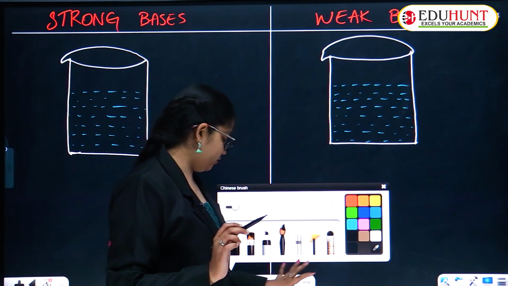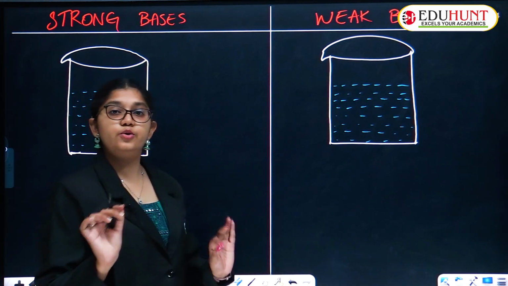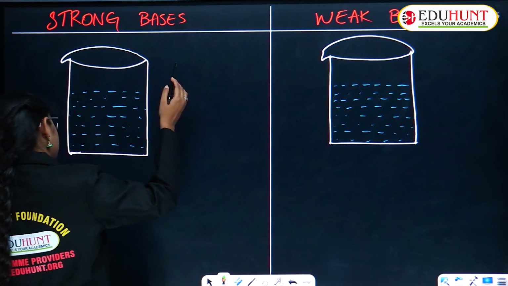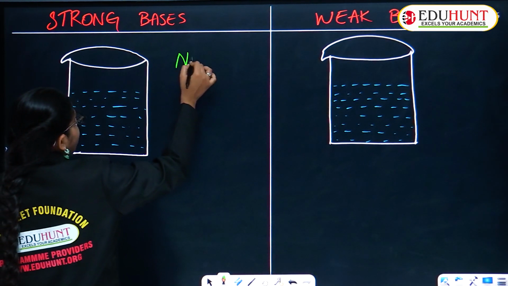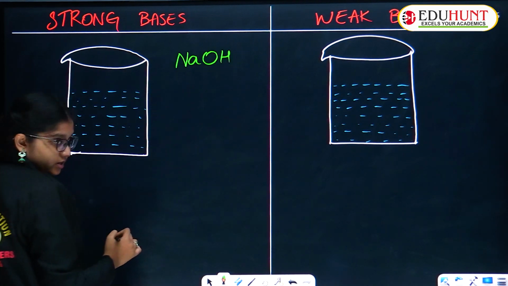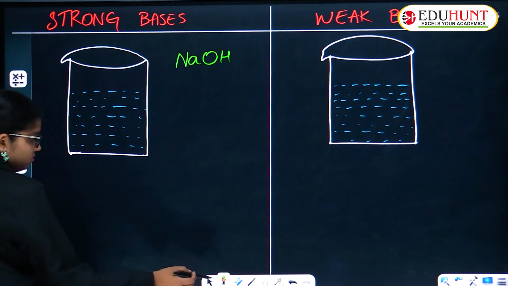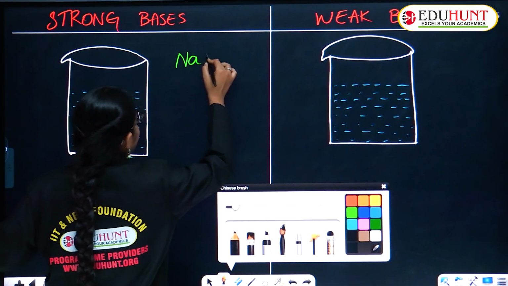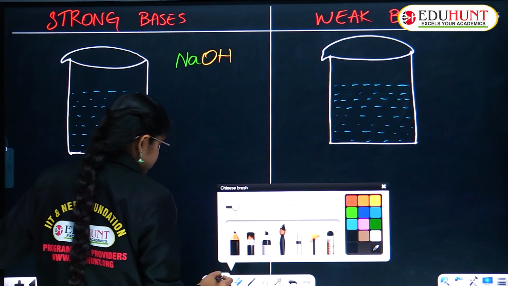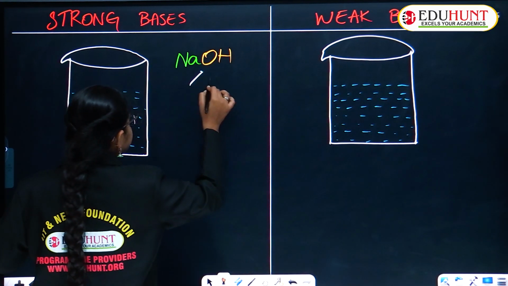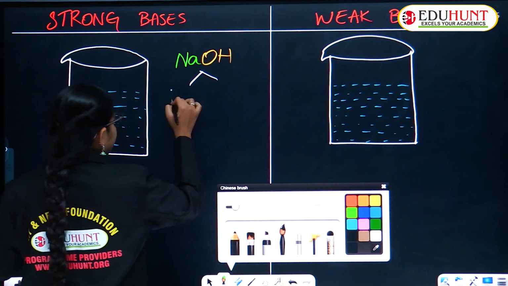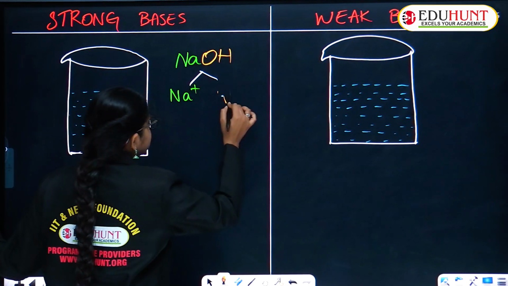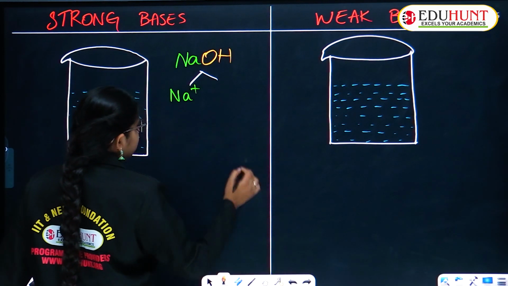If I add any base such as NaOH, it dissociates into two: Na plus, the sodium ion, and OH minus, the hydroxyl ion.